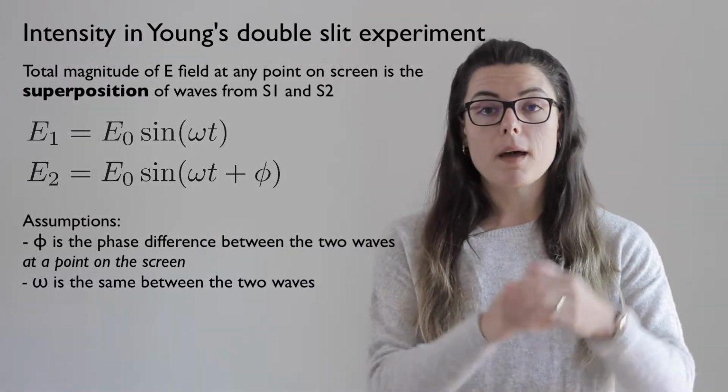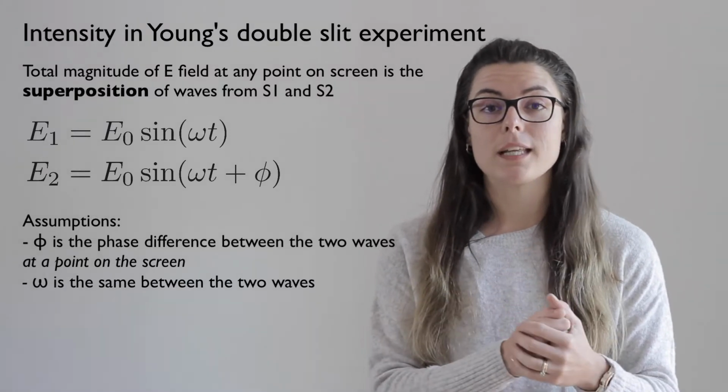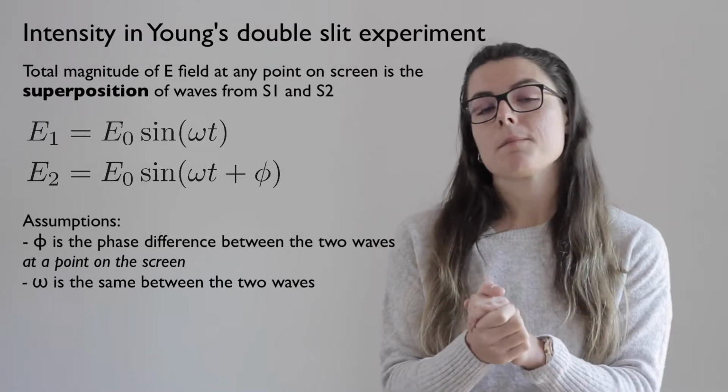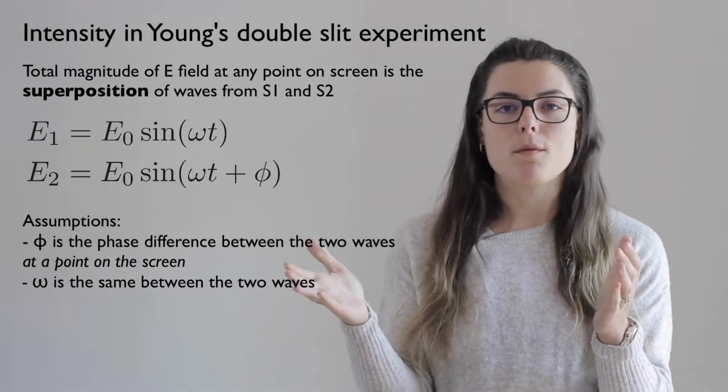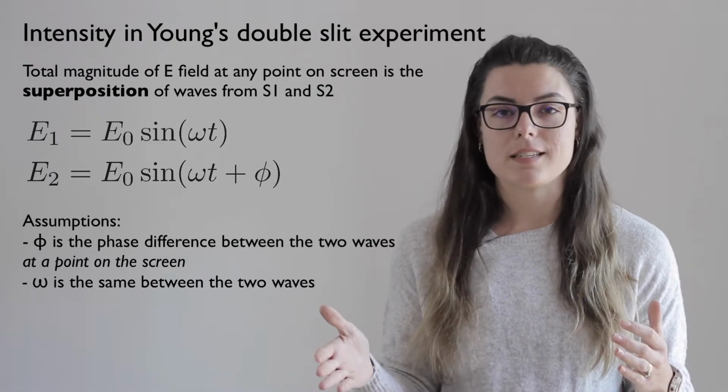Now, remember our equation for our electric fields, from an earlier lecture, is E equals E naught, or E max, which is our amplitude, sine omega t. So we're going to have two of these equations, but one has to have a phase difference, remember?